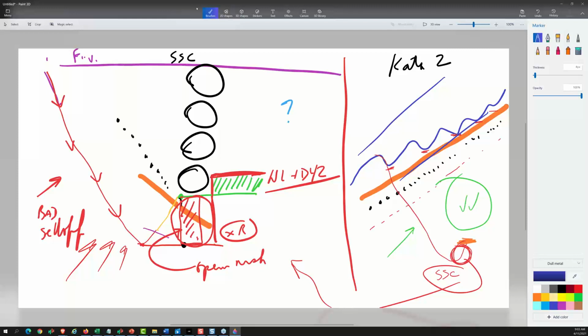So when you see a strong bullish move, it's in a trend, and it has a pullback and then a recovery that made a new high. Here was the previous high. And now it made a new high.